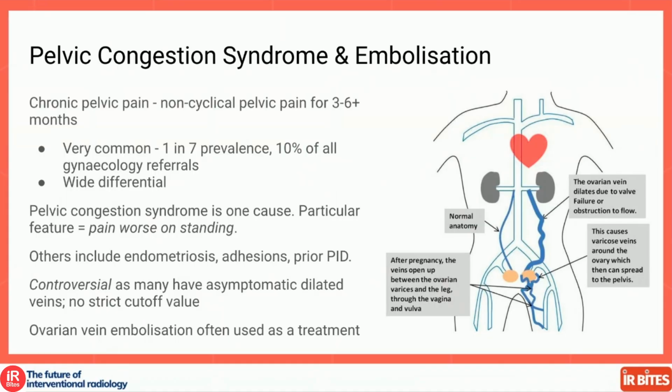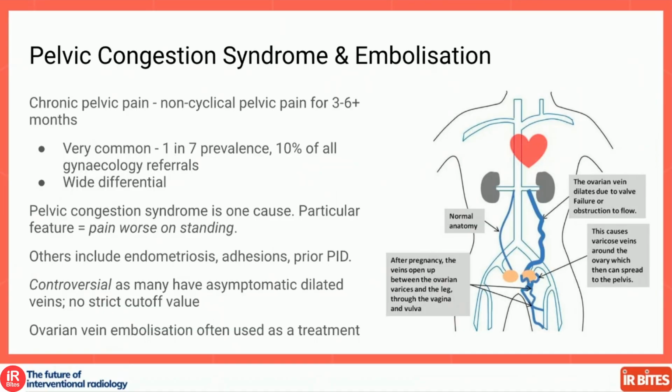And so one of these causes is pelvic congestion syndrome, and one of the key features of it is pain that's worse on standing, because what happens is the veins reflux, and so when you stand up, gravity pulls the blood there, and you get more of a pain or discomfort. But then there are obviously other causes of chronic pain that were beyond the scope of this talk. And so ovarian vein embolization is often used as a treatment for that.